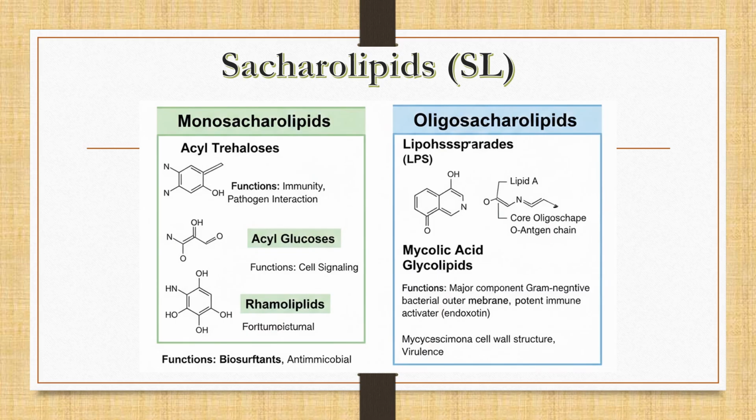The major subclasses include lipopolysaccharides and other glycosylated lipid structures. In these molecules, the carbohydrate portion provides polarity, while the fatty side chains anchor the molecule within their membranes.